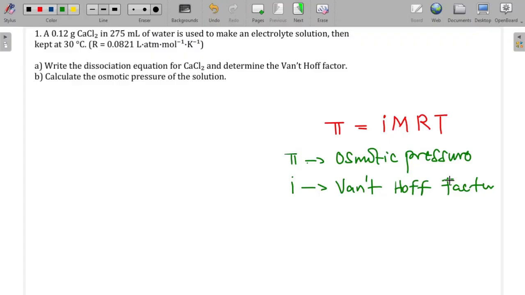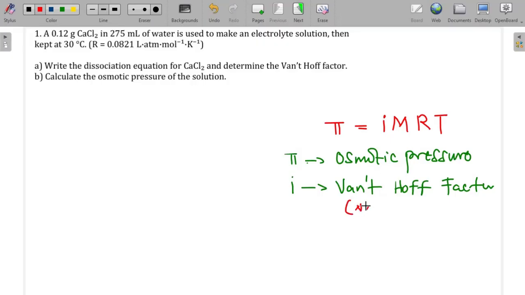But in our calculations, we are simply going to say that the Van't Hoff factor is the number of ions formed when a strong electrolyte dissociates.